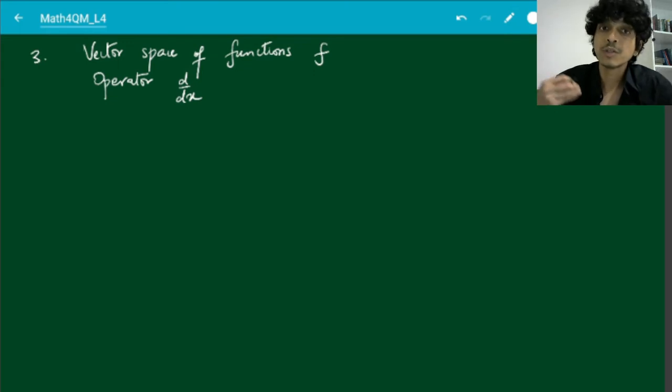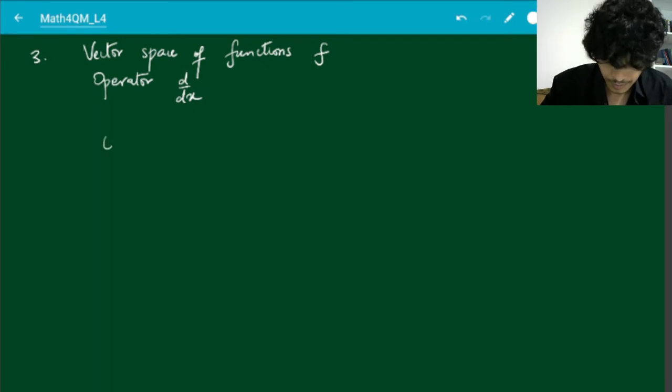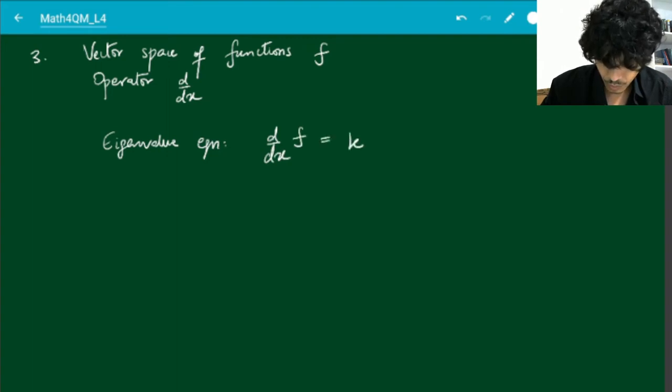So I want to find those vectors, meaning those functions, which when operated on by the derivative operator give back the same function, at most multiplied by a constant. So here the eigenvalue equation looks like d by dx operating on some vector f has to give me some constant times that vector f. Do you know any such functions?